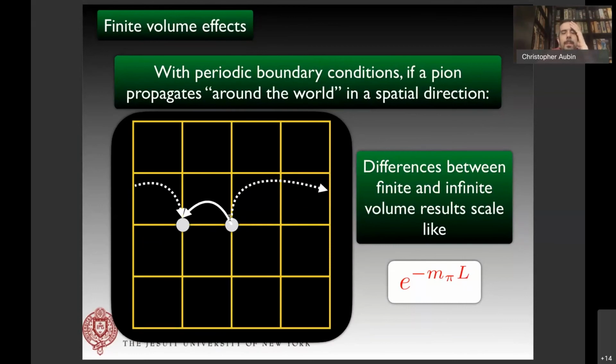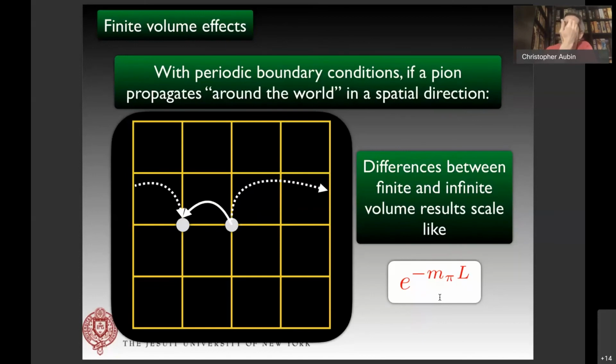Don't worry about that. Obviously, the larger the volume, the less likely you can wrap around. If the volume increases more and more, it's harder to wrap around the entire world. Also, because of the Compton wavelength of a particle, the heavier the mass, the less likely it will be able to propagate. You can do a simple analysis, and I'll show you some results shortly, that show that the differences between the finite and infinite volume results tend to scale exponentially in what we call M-pi-L.